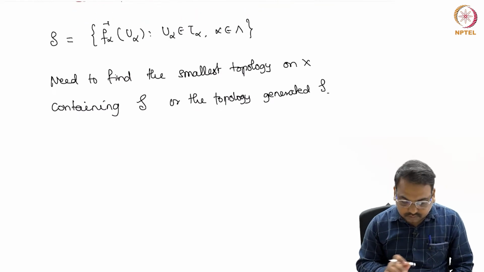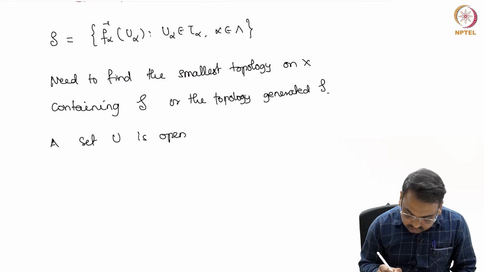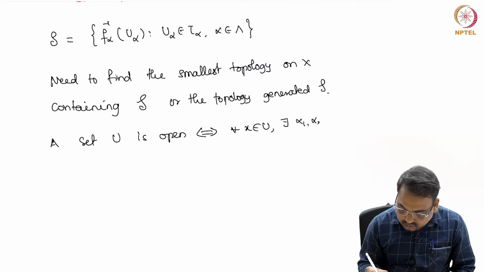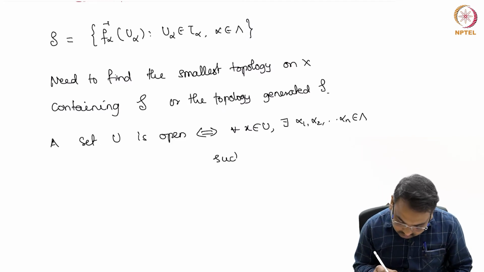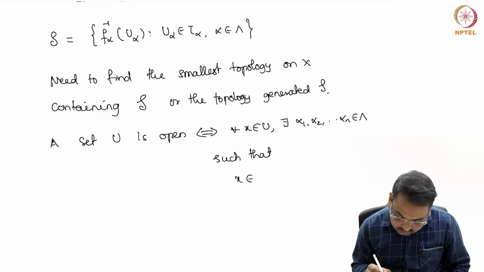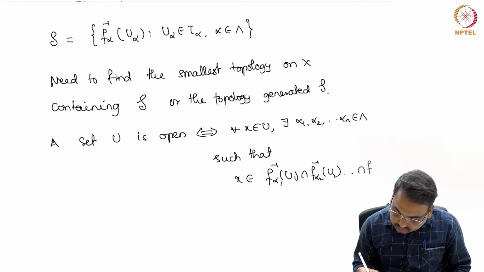How does it look like? In this topology, a set U is open if and only if for every x in U there exist alpha 1, alpha 2, ..., alpha n coming from this set lambda such that x is in F alpha 1 inverse U1 intersection F alpha 2 inverse U2 ... intersection F alpha n inverse Un.